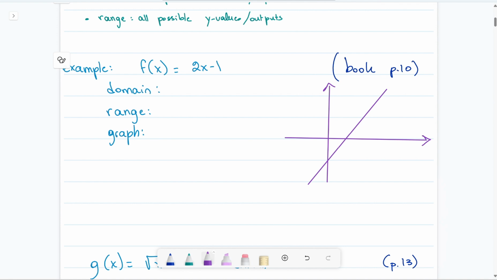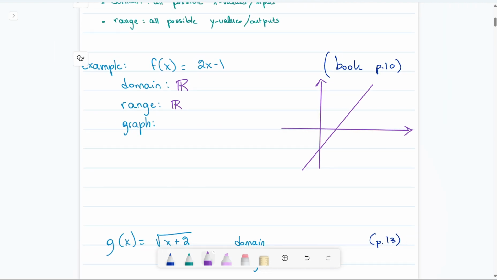And looking at this graph, you might notice that the domain is all real numbers because it can keep on getting longer and longer from both sides. So the domain is all real numbers. Same for the range, it's also all real numbers. And this is the graph on the side.